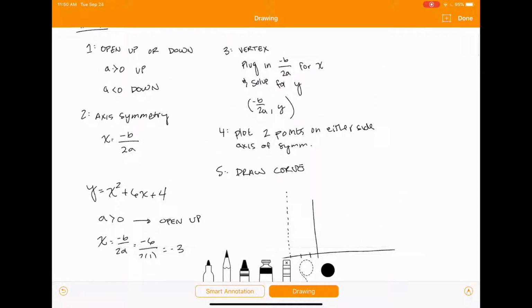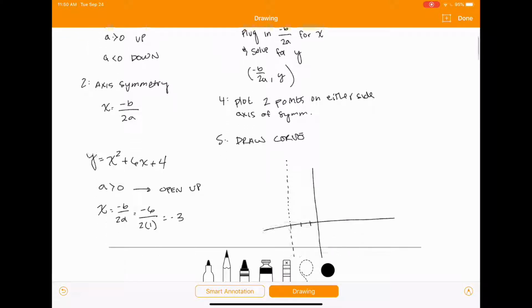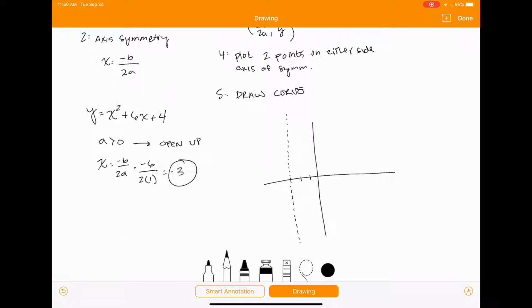Now, our next step is to find our vertex. So we're going to go ahead and plug this value into our original equation. So y equals x squared, or -3 squared, plus 6 times -3 plus 4. Notice that I've replaced this -3 with all of the x's in our original function.